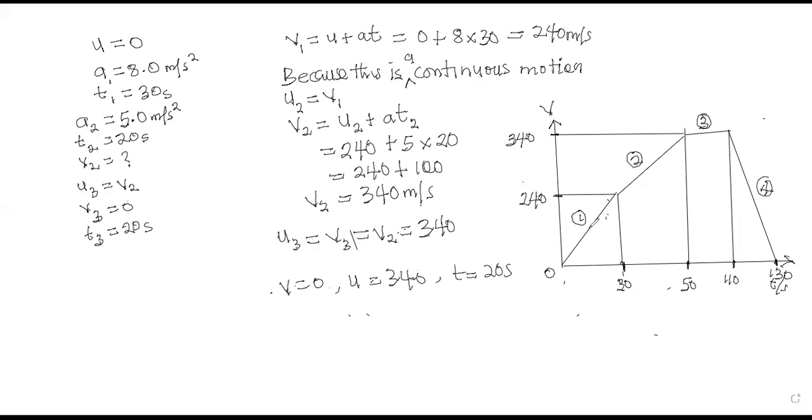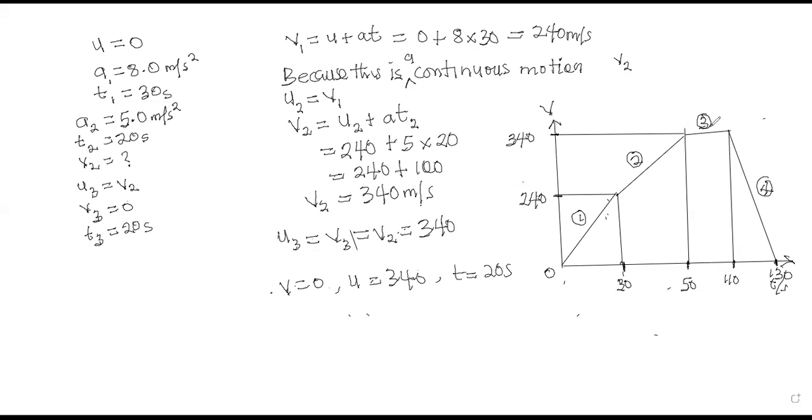Here, the body's acceleration is 8, and it goes to a final velocity of 240. The body reduced acceleration to 5 and got to a final velocity of 340. 340 is the final velocity of the second part, so V2.